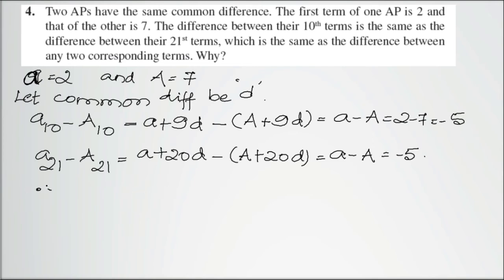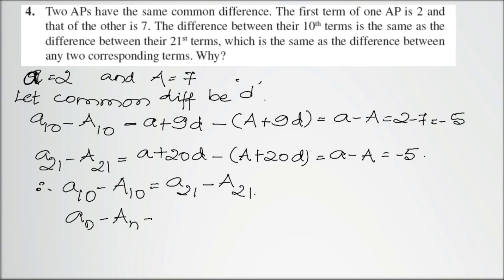So we get this result: a10 minus capital A10 will be equal to a21 minus capital A21. When we take the corresponding terms, an minus capital An will also be the same as a minus capital A, negative 5.